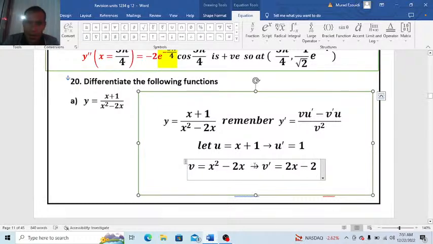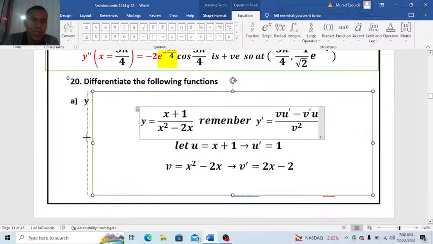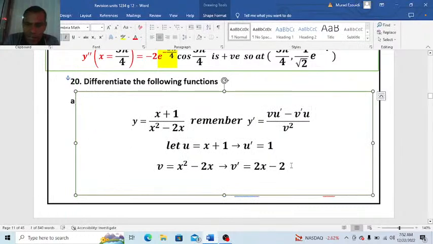Now to apply this, I will write it here. This is your original equation. You are going to differentiate it.